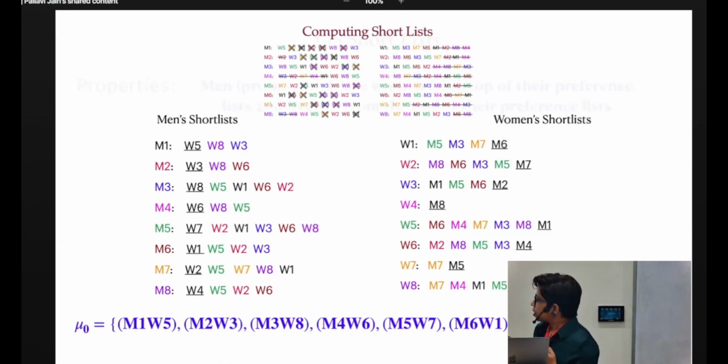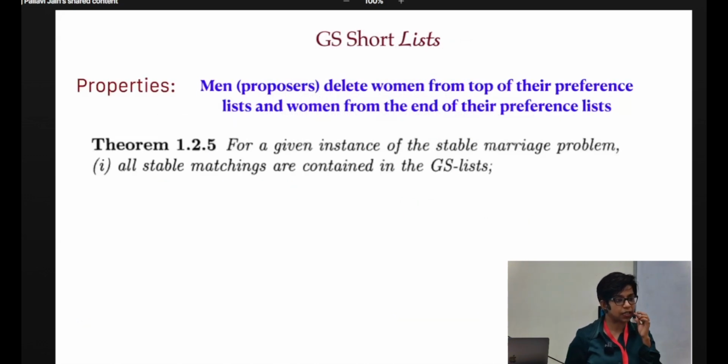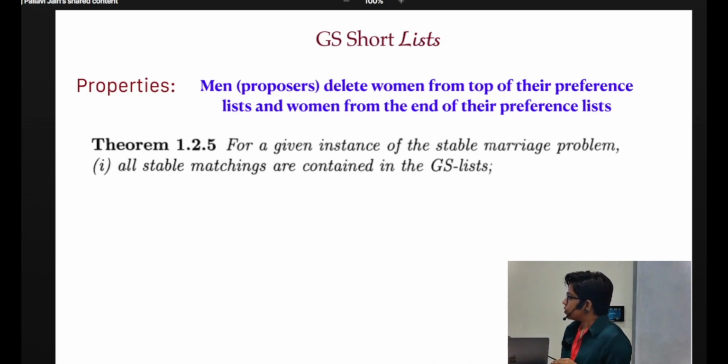Now, let's recap some of the properties that this algorithm gives us that the normal Gale-Shapley does not necessarily, at least it's not obvious, you kind of have to argue separately. First and foremost, the shortened list that we form is what we call the GS list, the Gale-Shapley list. All stable matchings are contained in the Gale-Shapley list.